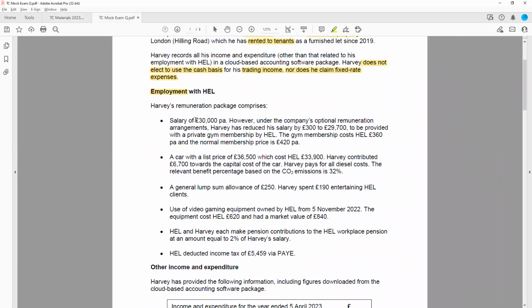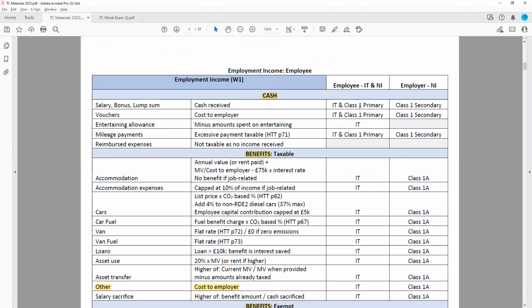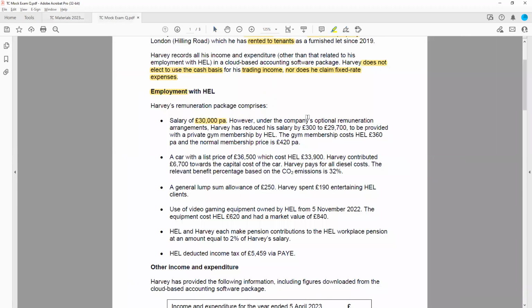So salary of 30,000, the nice easy one. Salary we know is going to be taxable because that's cash. But we're told here, however, under the company's optional remuneration arrangements, Harvey has reduced his salary by £300 to be provided with a private gym membership by HEL.